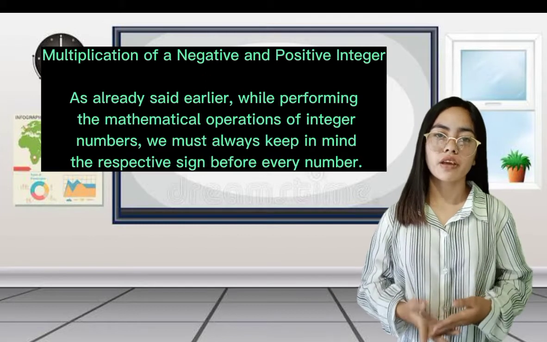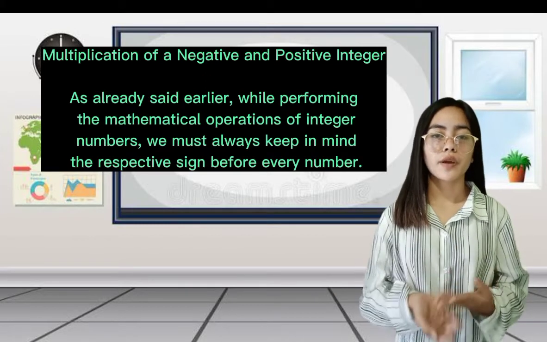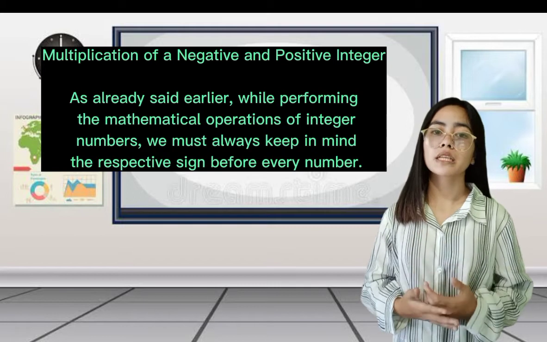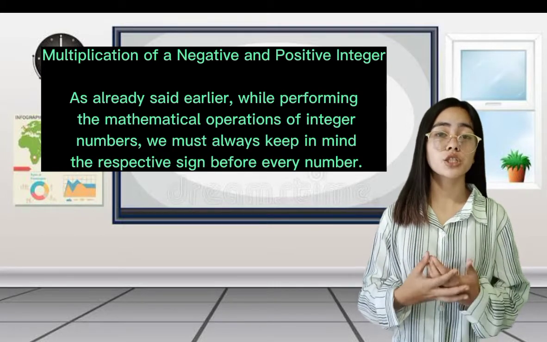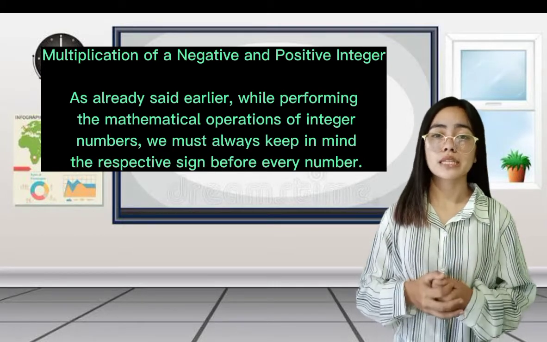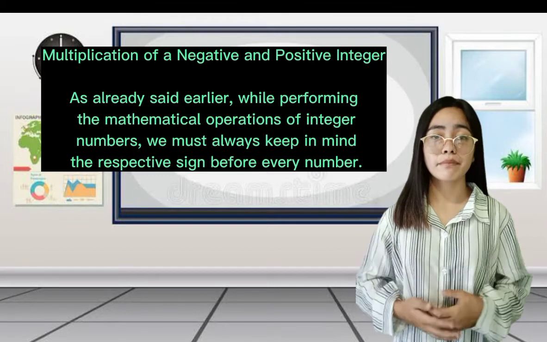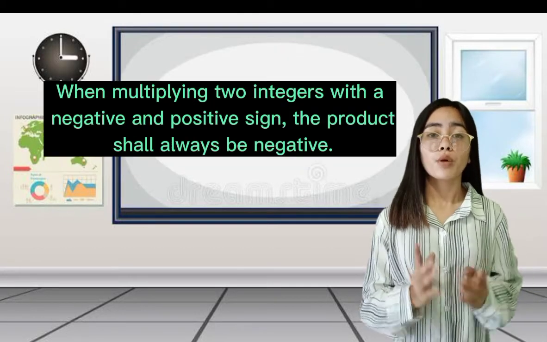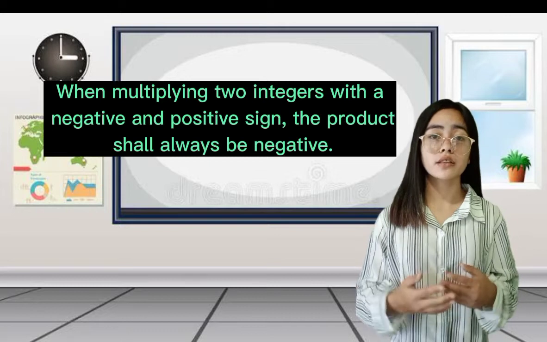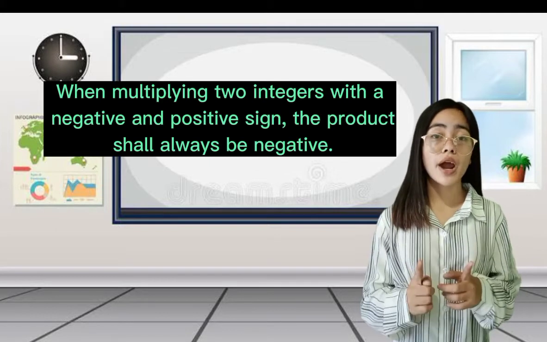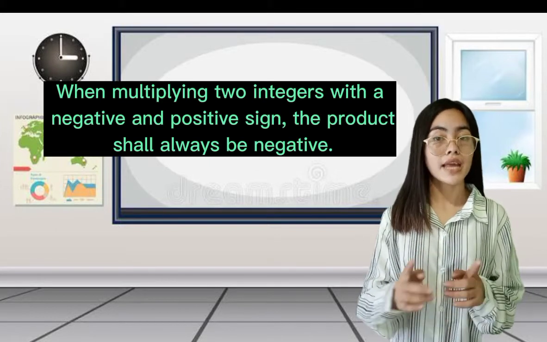Multiplication of a negative and a positive integer. As already said earlier, while performing mathematical operations on integer numbers, we must always keep in mind the respective sign before any number. When multiplying two integers with a negative and a positive sign, the product shall always be negative.